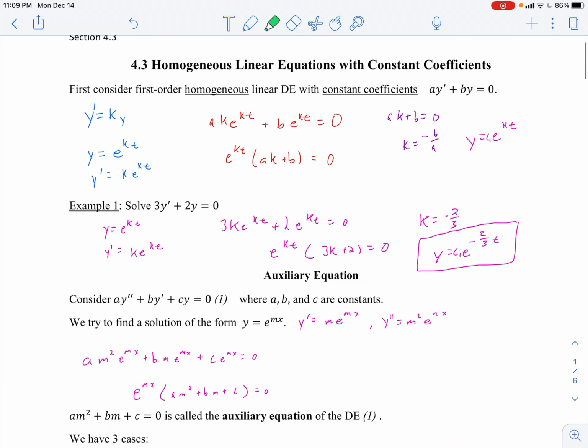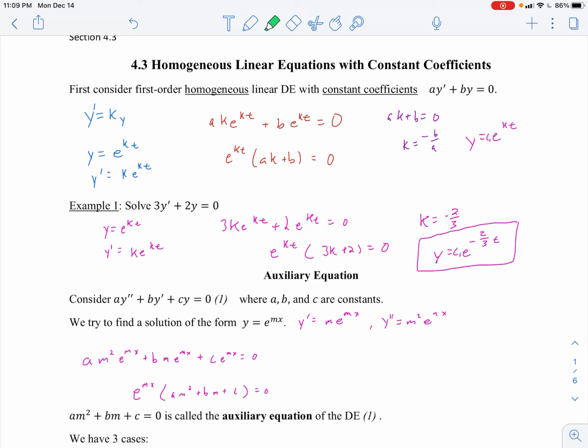Alright, now let's see if this works. So we want to solve 3y prime plus 2y equals 0. Again, we're going to say y is equal to e to the kt, y prime is equal to k e to the kt. We're going to plug those into our differential equation. So 3y prime plus 2y is equal to 0.